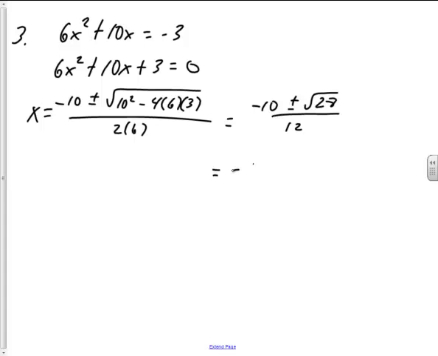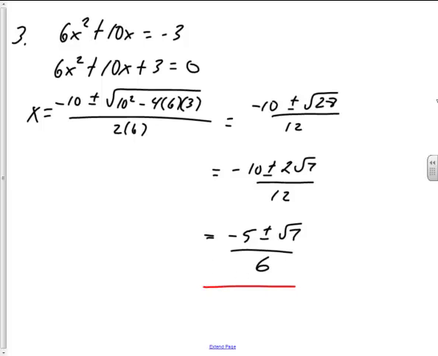We can simplify the square root of 28 to be 2 square root of 7 over 12, and then we can simplify this expression down by dividing it by 2. So we end up with minus 5 plus or minus the square root of 7 over 6, and that will be our final solution there. We get minus 5 plus the square root of 7 over 6, and minus 5 minus the square root of 7 over 6. If you did it by the method of graphing, you get an approximate answer.